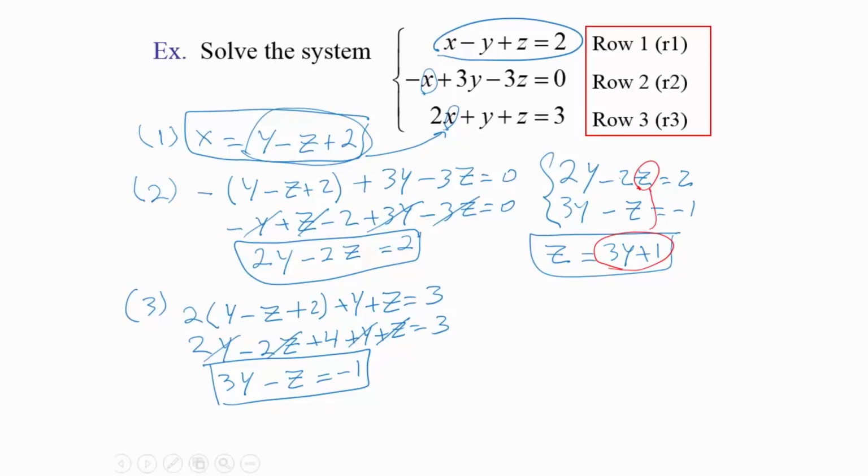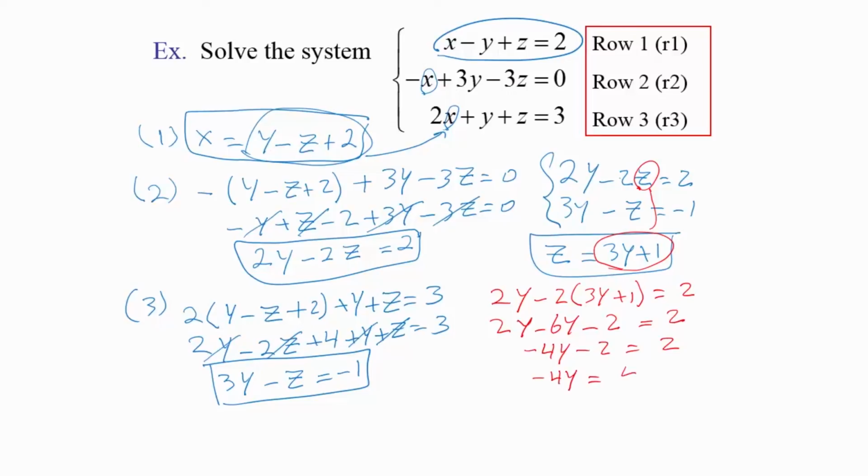So I would get 2y minus 2 times 3y plus 1 equal 2. So 2y minus 6y minus 2 equal 2. So I get minus 4y minus 2 equal 2. So minus 4y equal 4. Therefore y would be equal to minus 1.